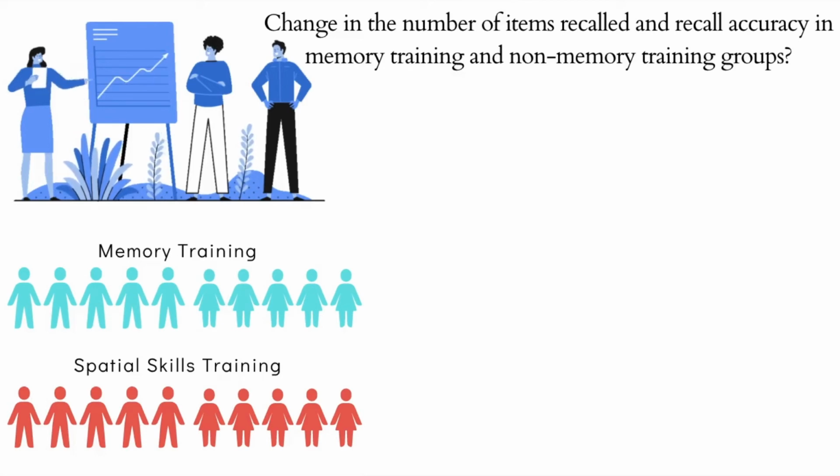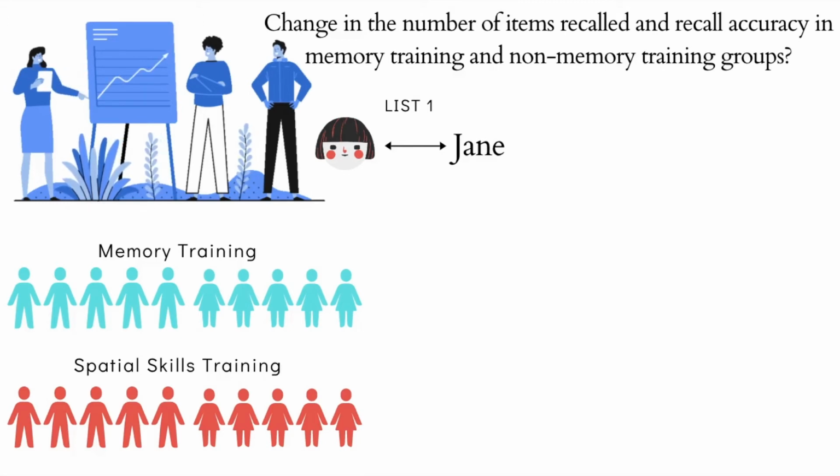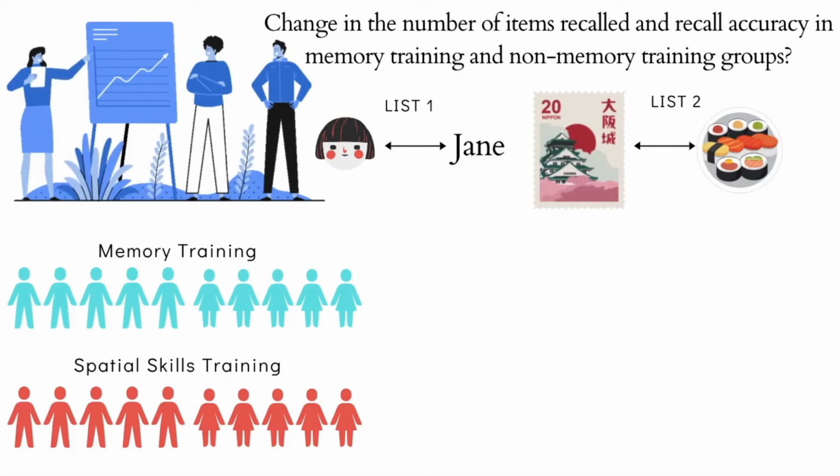The participants are then given a task wherein they have to study and learn two different lists. In list 1, the participants have to learn 12 pairs of names and faces, and in list 2, the participants are instructed to learn different cities and famous cuisine or dishes found in those cities, and 12 pairs of them as well.